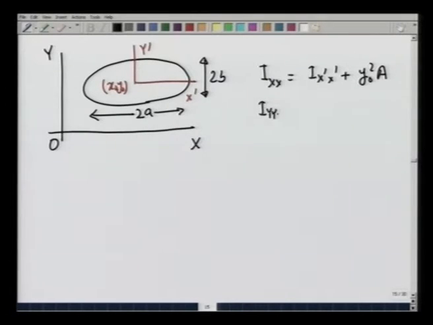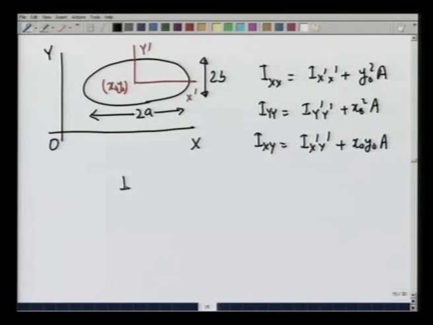I y y similarly is I y prime plus x naught square times the area of the ellipse, and I x y is equal to I x prime y prime plus x 0 y 0 times the area of the ellipse, where I x prime is the second moment of area with respect to the x prime axis parallel to the x axis passing through the centroid. I y prime is the second moment of area with respect to the y prime axis parallel to the y axis and passing through the centroid.